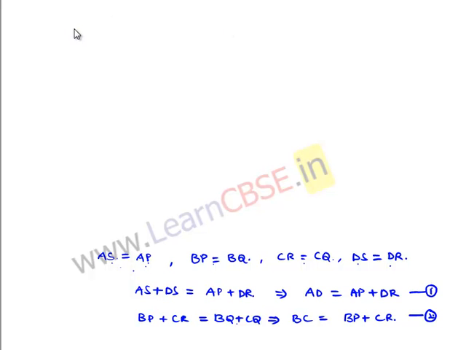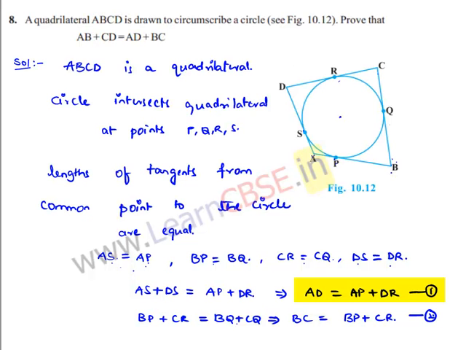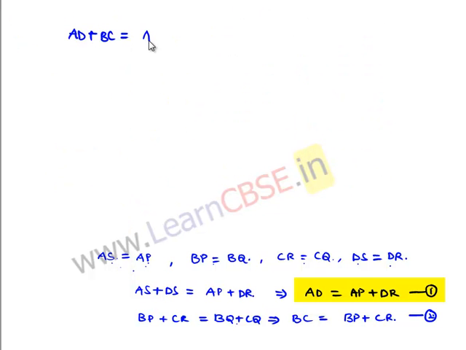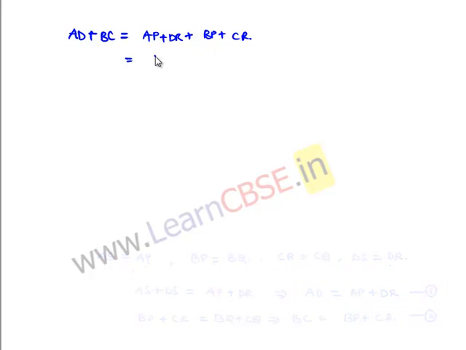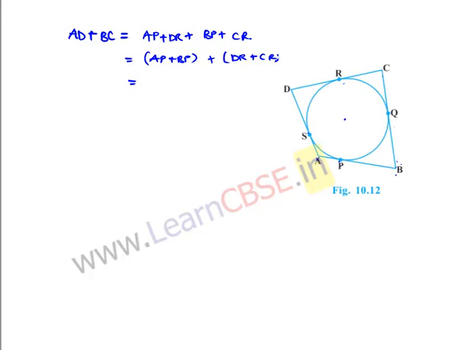Then let us add equation number 1 and 2. Then we get AD plus BC is equal to AP plus DR plus BP plus CR, which is equal to, let us write AP plus BP together and DR plus CR together, which is equal to AP plus BP.